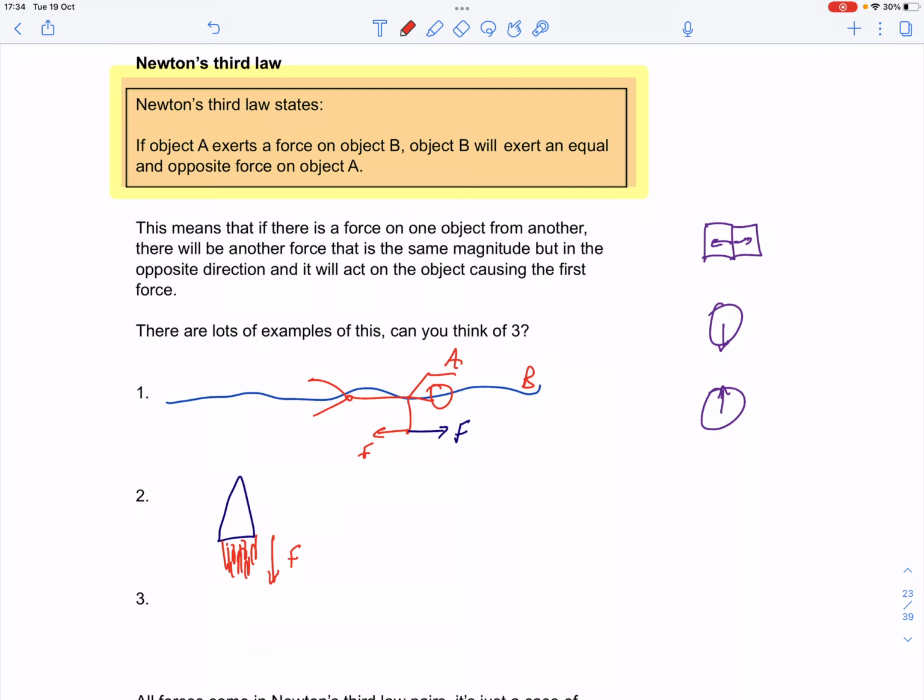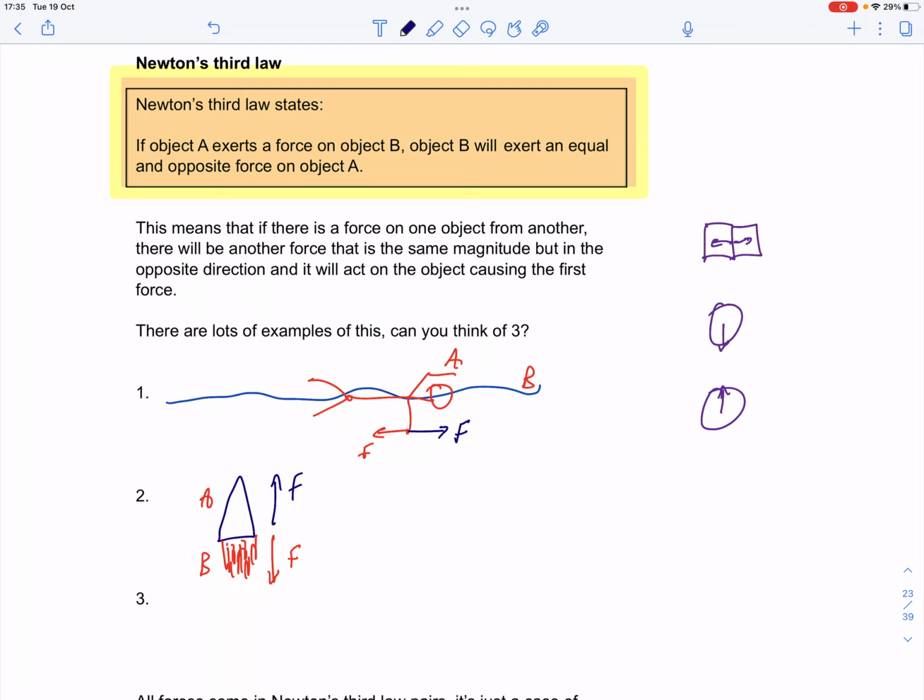That's object B. The rocket is object A. So rocket A exerts a force on fuel B, and therefore, according to Newton's third law, the fuel, object B, will exert an equal and opposite force on object A, the rocket, in the upwards direction, and the rocket will move upwards.